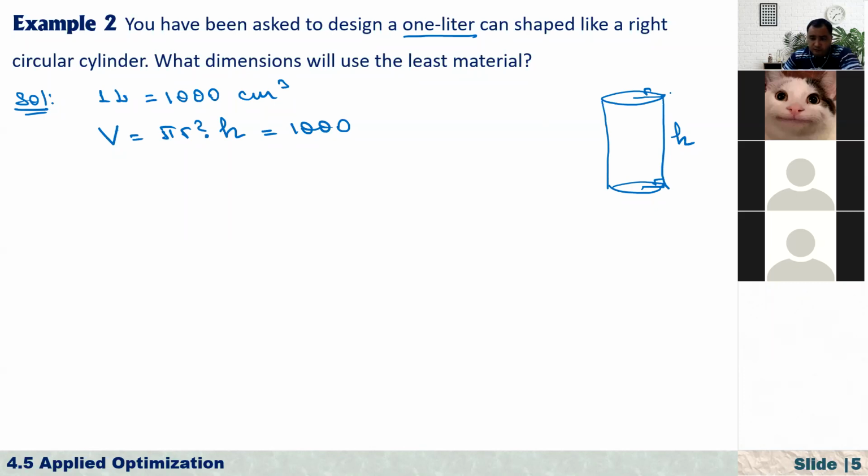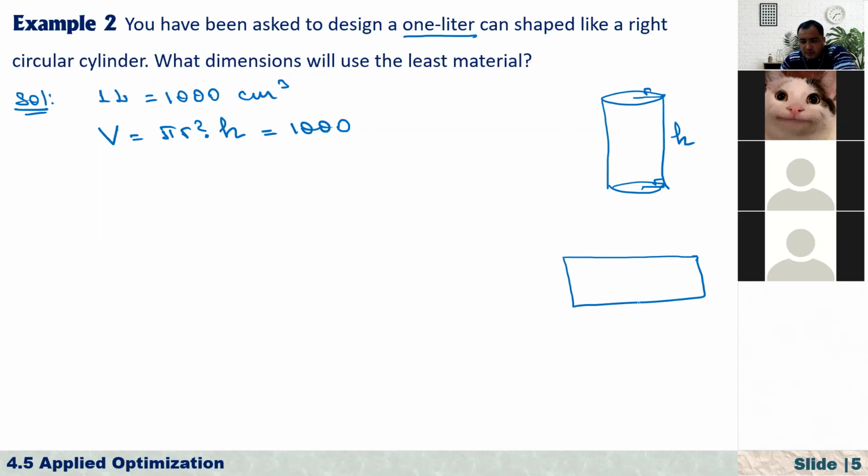To find that, is this cylindrical can open or not? It's not. If we cut through this line and unfold it, we will have this kind of material that we are going to use.